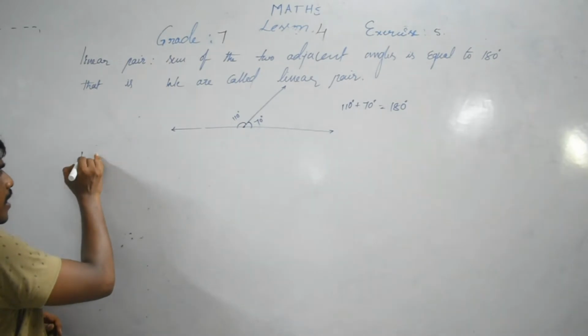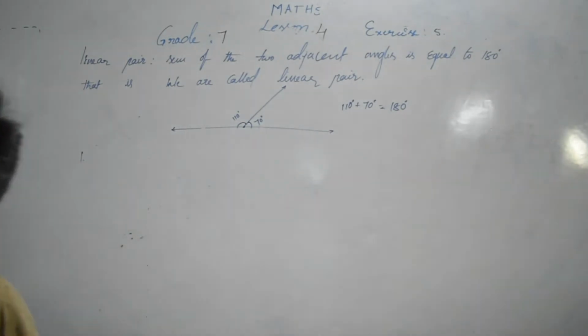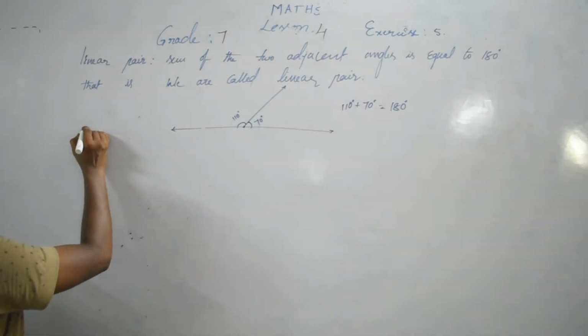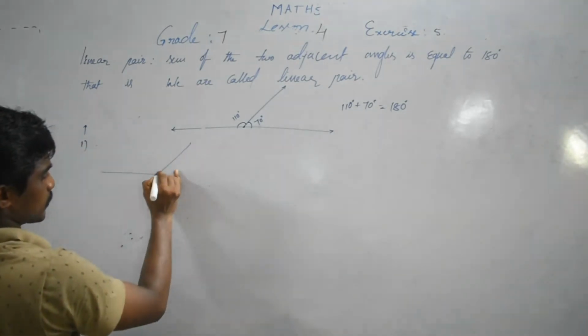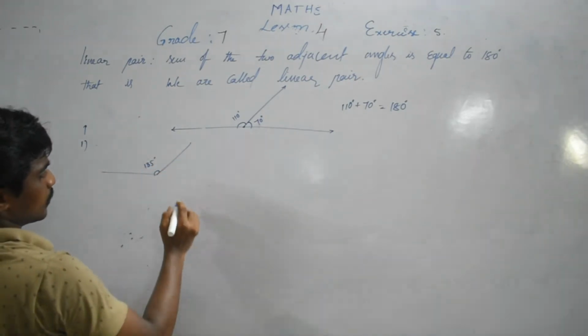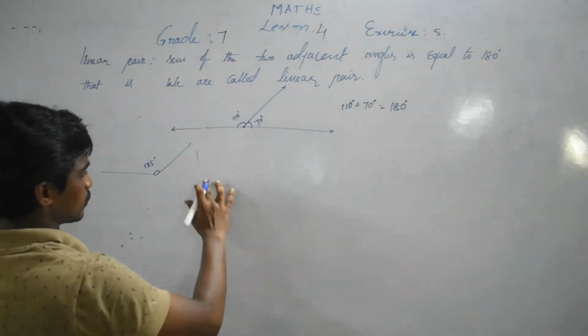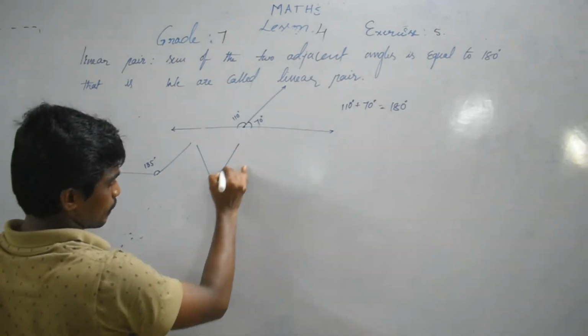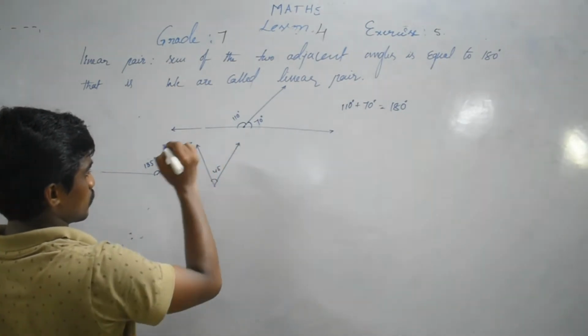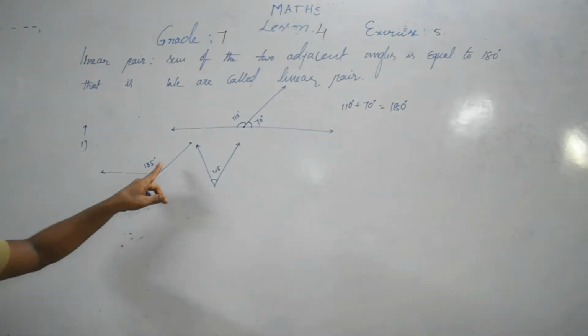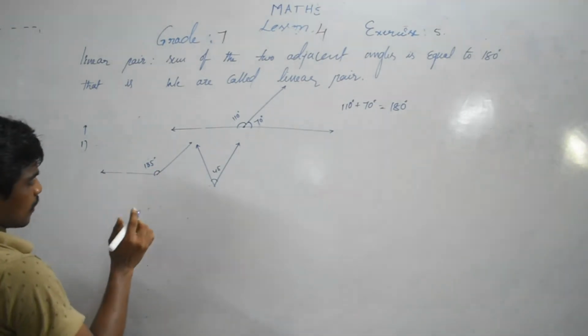So exercise 5, first one. Draw the following pairs of angles, adjacent angles, and check whether they form a linear pair. First problem: one angle given is 135, another angle given is 45.